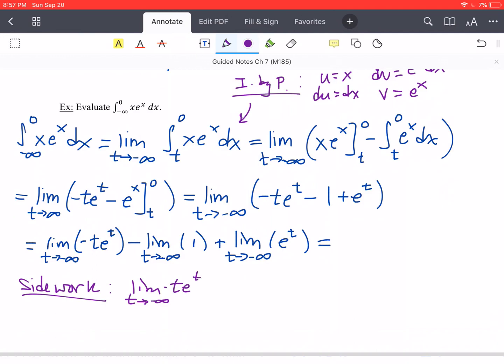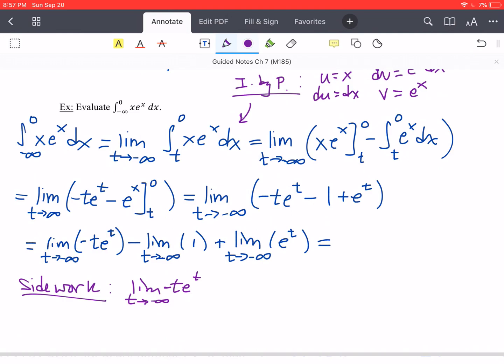But this one is growing infinitely large, and this one appears to be growing towards 0. So this one, interestingly, is an indeterminate form.